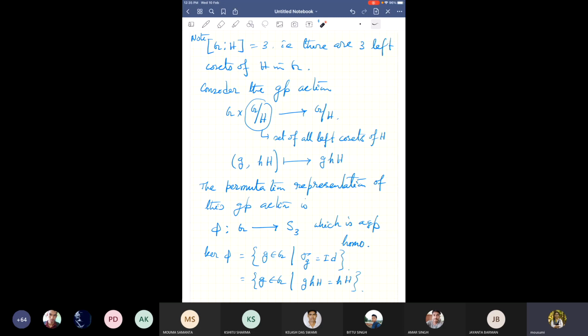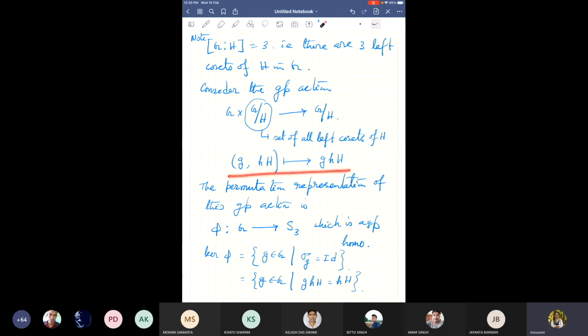So for that, I have considered this group action. The group is G and the set is the set of all left cosets. I define this group action where G acts on the set of all left cosets, sending a left coset xH to the corresponding left coset gxH.